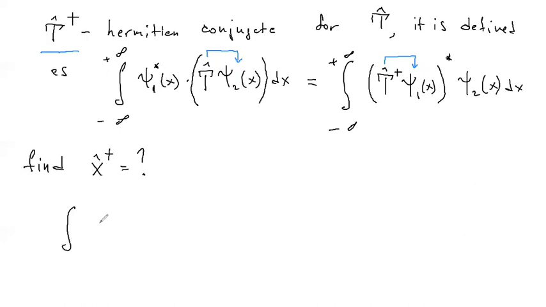The left side would be psi 1 conjugated, then operator X, psi 2, dx. So I multiply X with psi 2 right now. Can I move this X from psi 2 to psi 1? Is it possible for me?